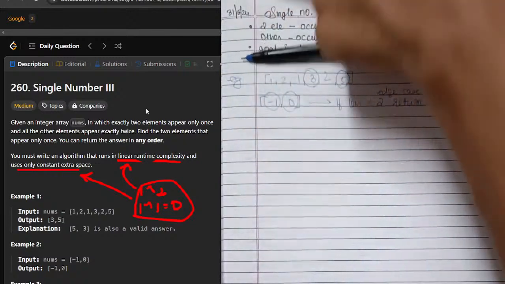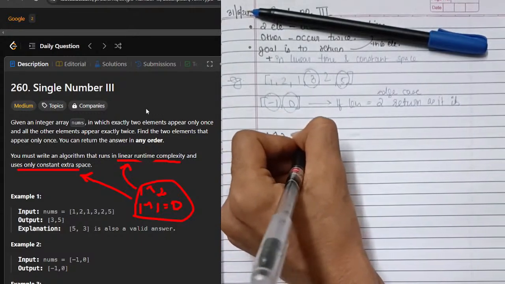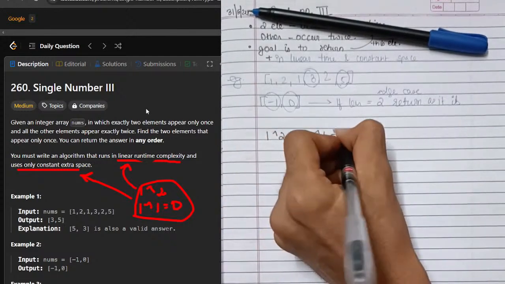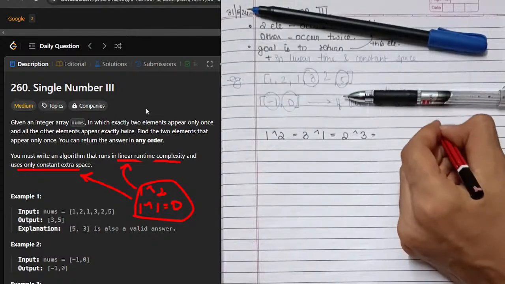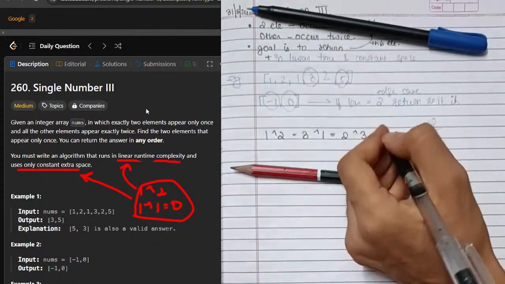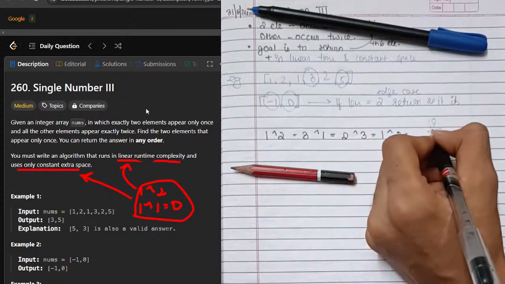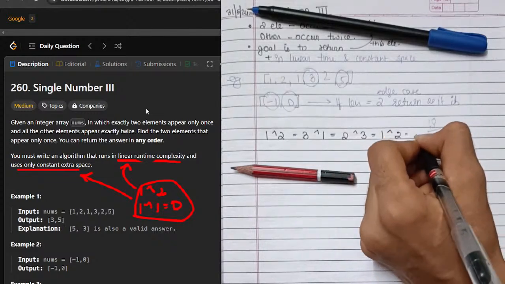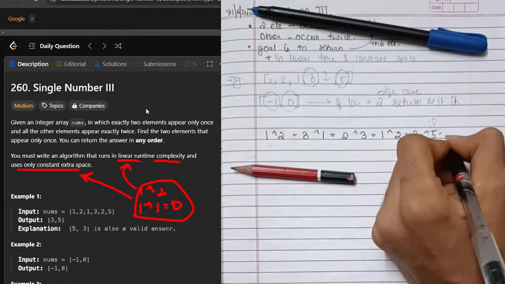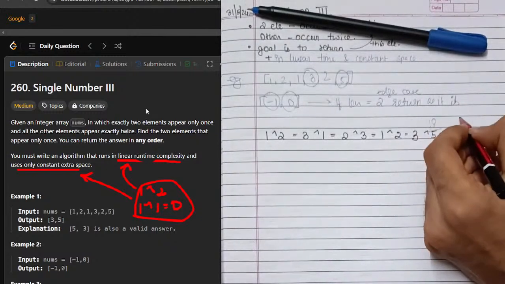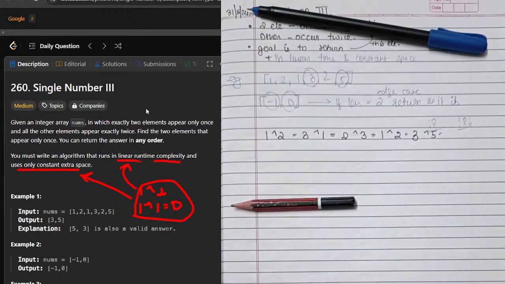So the high level flow would be: 1 XOR 2 equals 3, 3 XOR 1 equals 2, 2 XOR 3 equals 1, 1 XOR 2 equals 3, 3 XOR 5 equals 6, which gives 1.